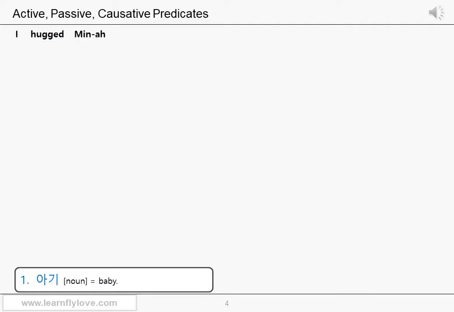Let's see the English sentence in the active. I hugged Mina. I, Mina, hugged. Let's use the subject 저 with the subject particle 가 this time. 제가. You might wonder why we keep changing the particle that is used with the subject.